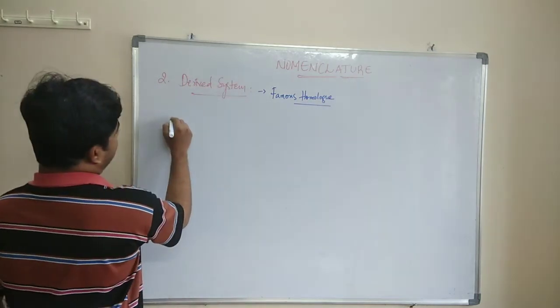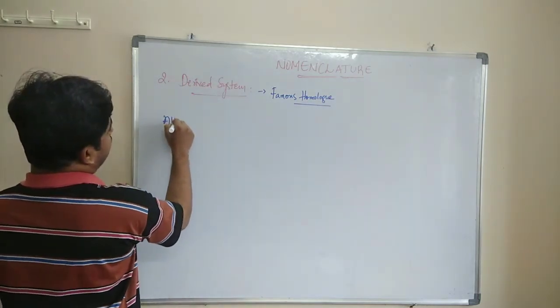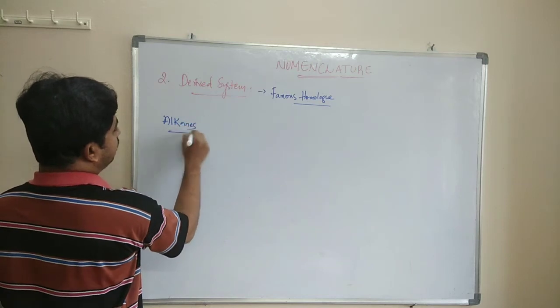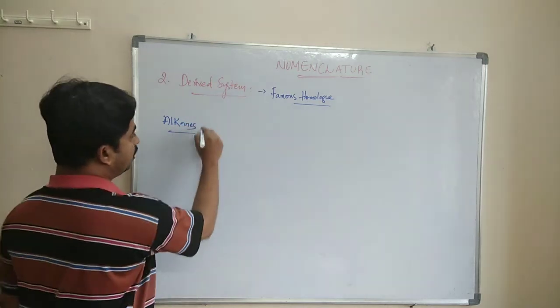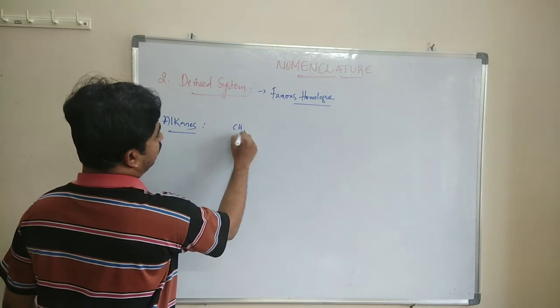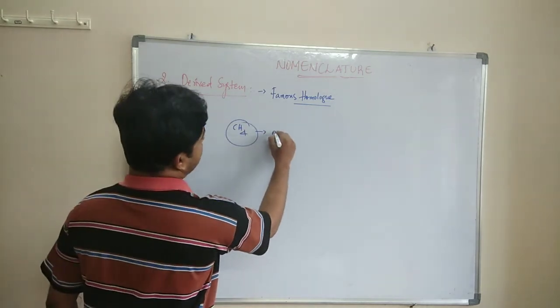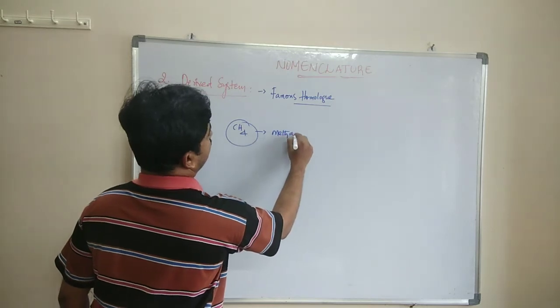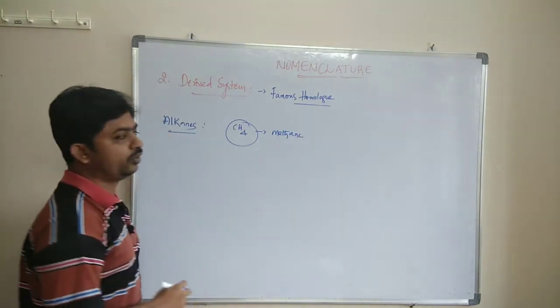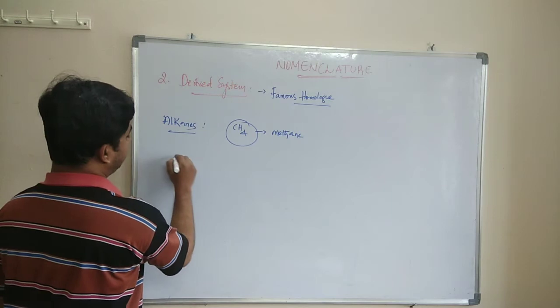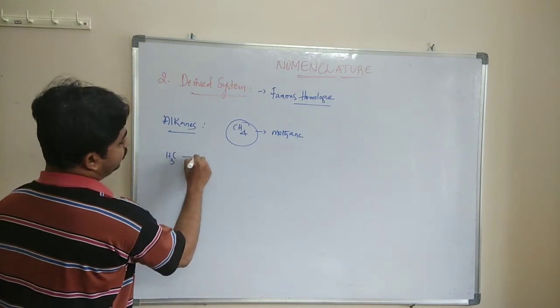So for example, if you take the alkanes as the examples, the famous homologue is CH4. The name of this one is methane. So based on this one we can give the names. For example, CH3 CH3.